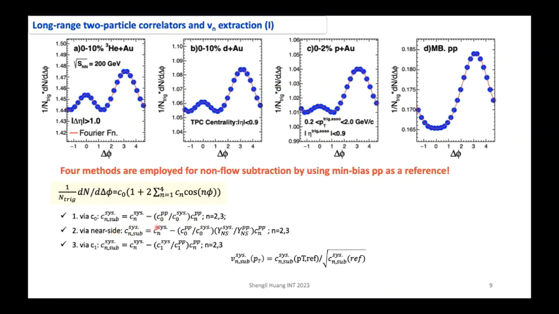The second: since there could be some jet enhancement in the central p-Au and He3-Au collisions compared to pp, to avoid such enhancement, we use the near-side jet yield to do the scaling. That can further correct the non-flow subtraction. The third method, we assume the away-side jet non-flow is dominated by the C1 component. So we just use the C1 component to do the dilution for the non-flow subtraction.